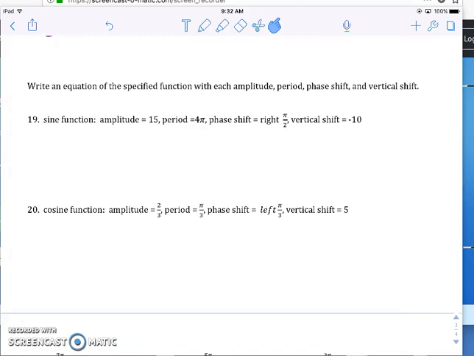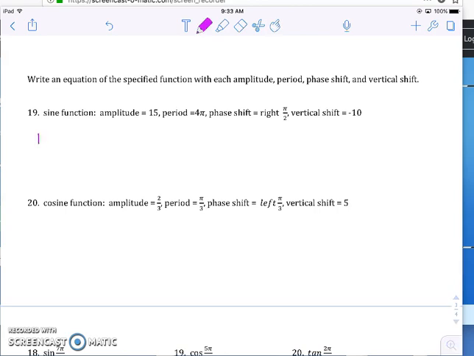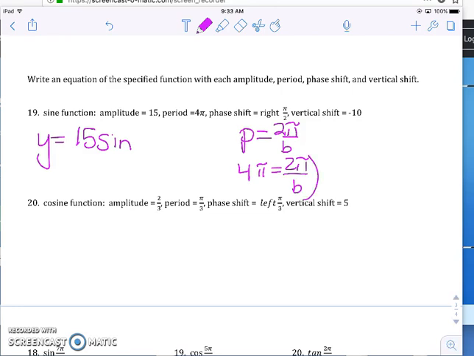So now we have to write a couple equations here. The amplitude is 15. So y equals 15 the sine. Our period, 2 pi over b. So that's 4 pi equals 2 pi over b. So 4 pi b equals 2 pi. Divide by 4 pi.